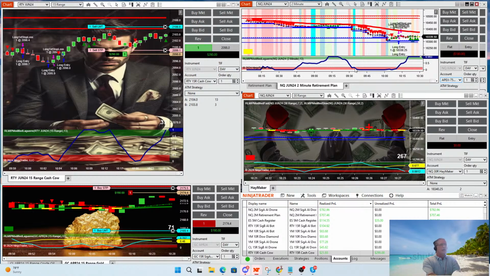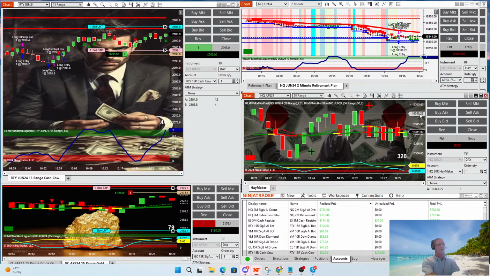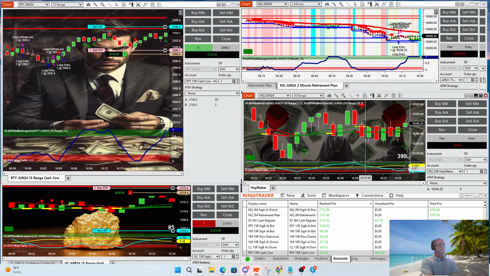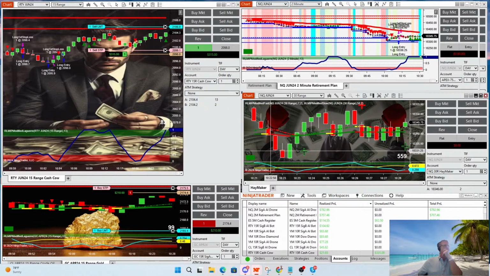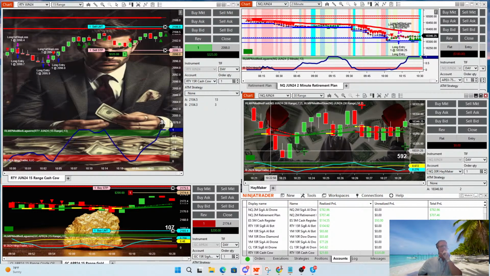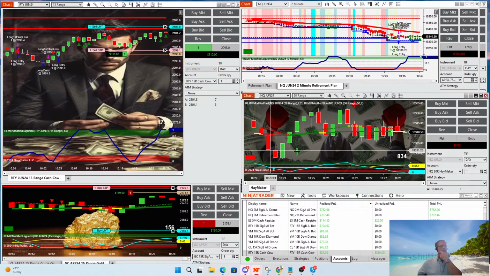The NASDAQ kind of has gone into consolidation on us. It's trying to decide which way to go. And I have a feeling if it breaks to the upside, the signal A's are going to pop. But we're getting a lot of volatility.